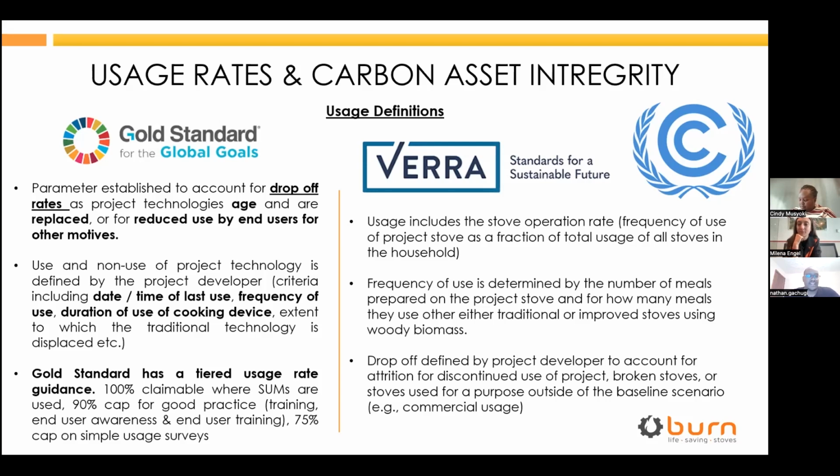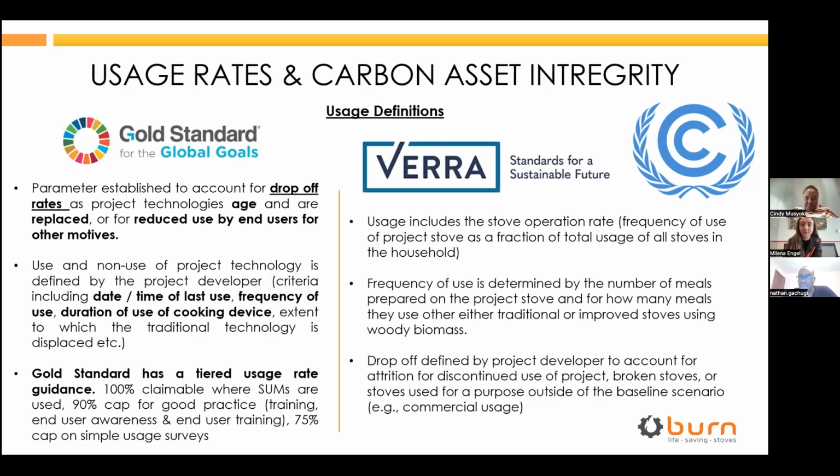So the Gold Standard really doesn't have a preset definition of who a user is for your cookstove project. You are required to define this within your project, your POA design document, if that's how you're structuring your project, or indeed simply within your project design document. By definition, you must ensure that your definitions are compliant with the Gold Standard usage rate requirements.